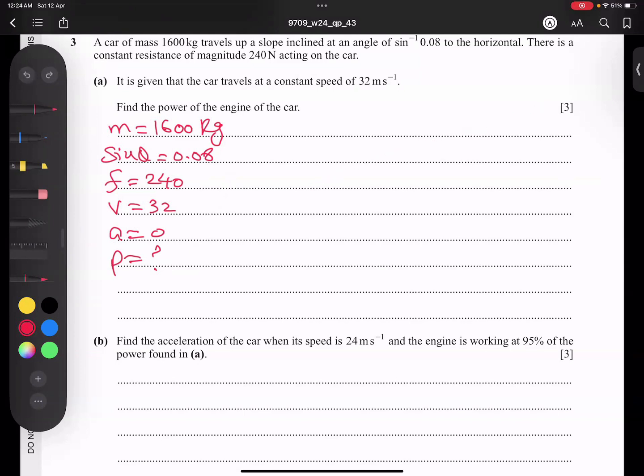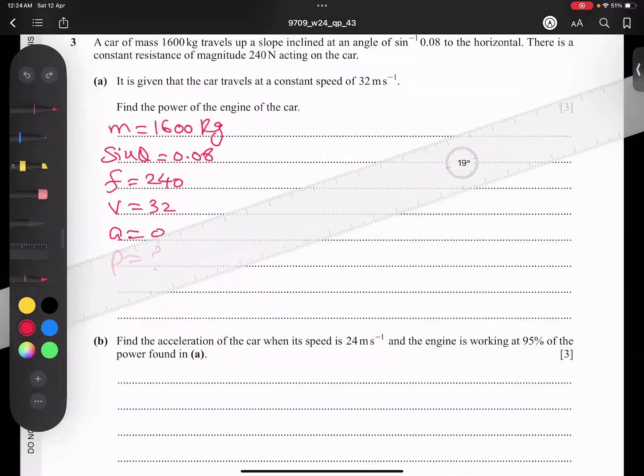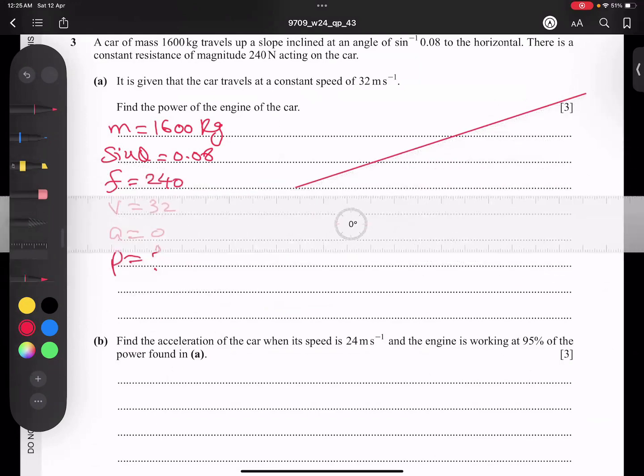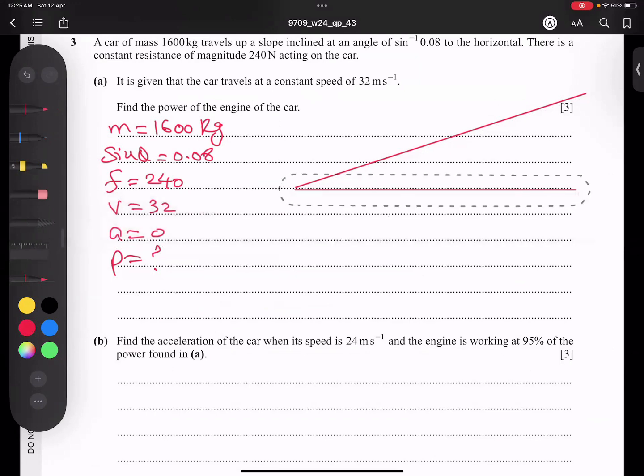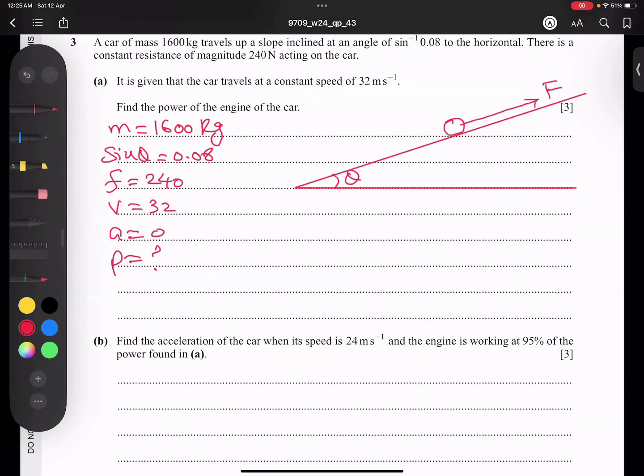We look here. This is theta, and the particle is this, let's say, and this is the applied force, and naturally friction is downwards, and the weight component is mg.